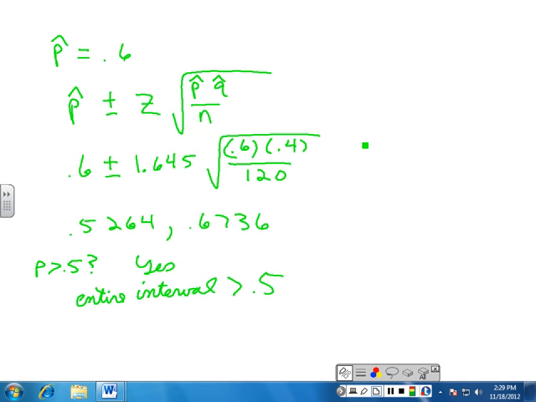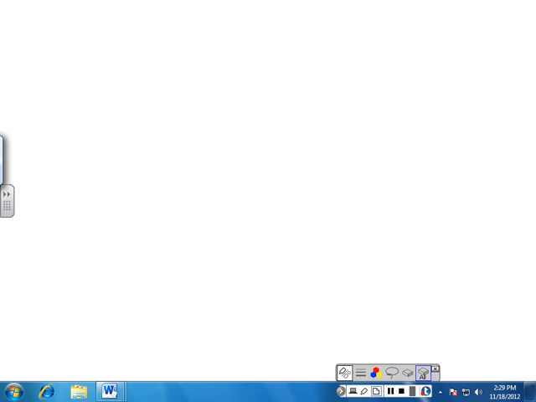Okay, there are 2 more problems here, actually. So looking at number 5, we want to assess the mean. A survey 10 years ago had a sample mean of 1,400 and a sample standard deviation of 1,000.